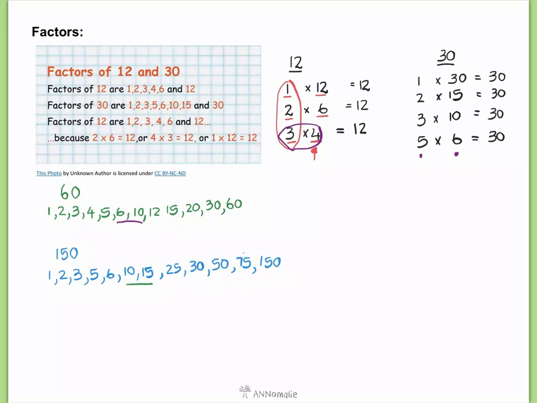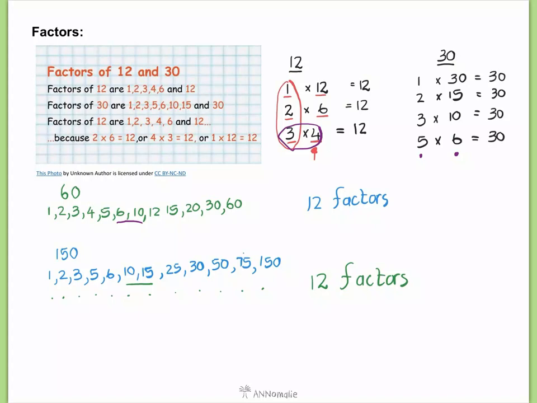And once again, we get a total of 12 factors if we count them. 12 factors. And here at the top, we also have 12 factors.